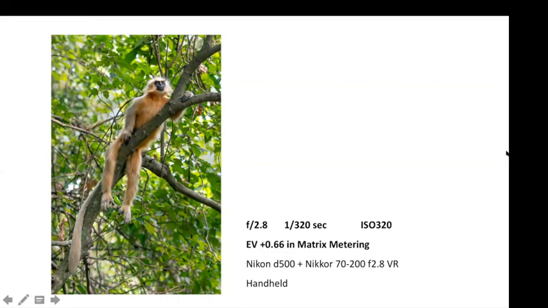And the third will be a longer lens. It could be the 200-400, and if I get my hands on a prime lens, it could be 400, 500 or 600, or whatever I can have at that moment. So that's why having multiple bodies is useful if you are doing field photography.